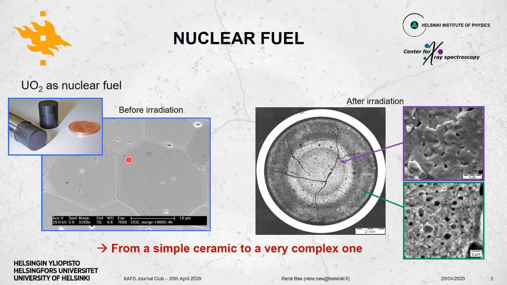And if you look at the surface of it, yes, it's just a boring ceramic. And when you put it in the nuclear reactor, a lot of things happen in it. And at the end, you have a lot of cracks, different size grains, precipitates, and also voids, bubbles, and everything, which makes this material very interesting.